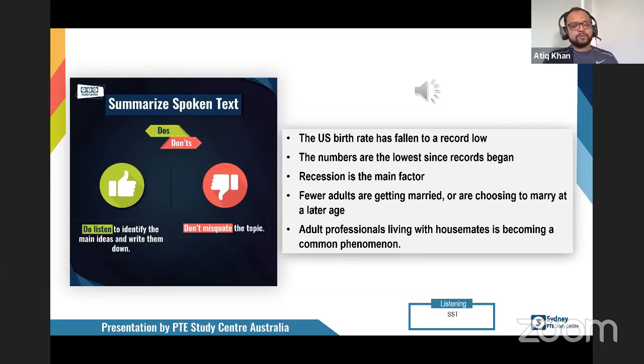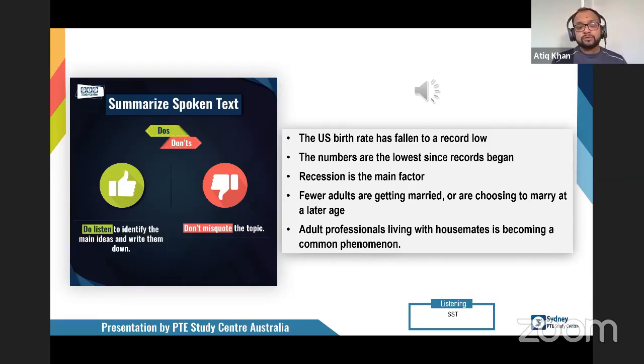Straight away, the first task in the listening section is summarize spoken text. And we know that summarize spoken text contributes significantly towards our listening as well as our writing section. For that purpose, we must ensure that the information that we write matches what the recording is saying. So for content match, we write down the main ideas and take notes of them.